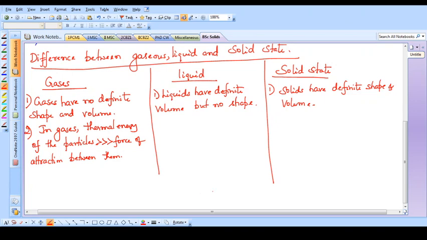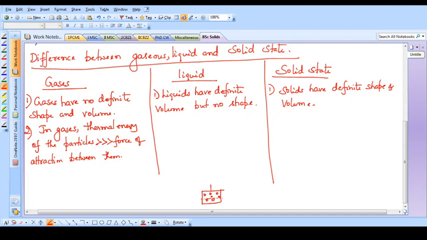So as a result, what happens if I have a cylinder in which I have taken a gas? The molecules have such very high kinetic energy that they will move randomly in all possible directions. And since there is no force of attraction between the molecules, we cannot restrict the space which the molecules occupy. The best example is the atmosphere.